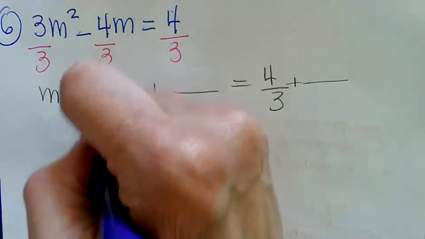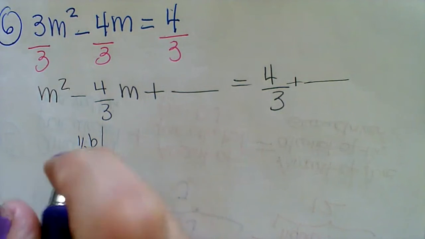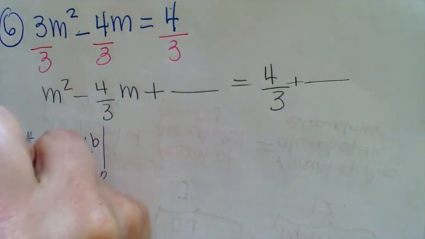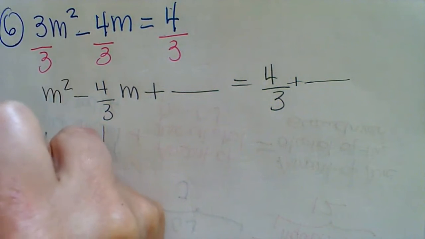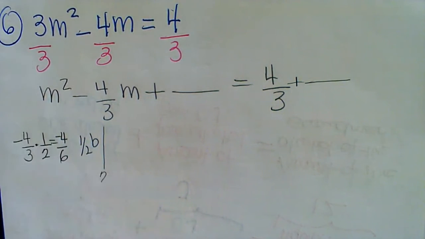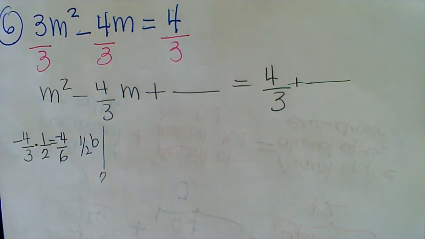Now, let's start. Half of b would be what? Negative 4 over 3 multiplied by 1/2. That's equal to negative 4 over 6, right? But what is negative 4 over 6?